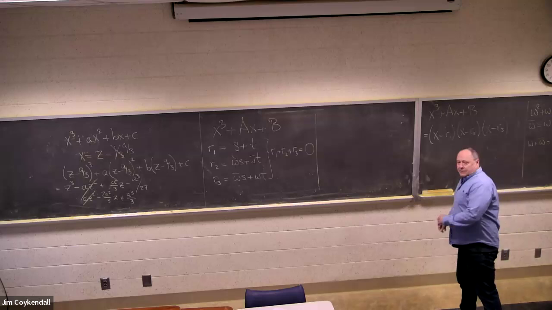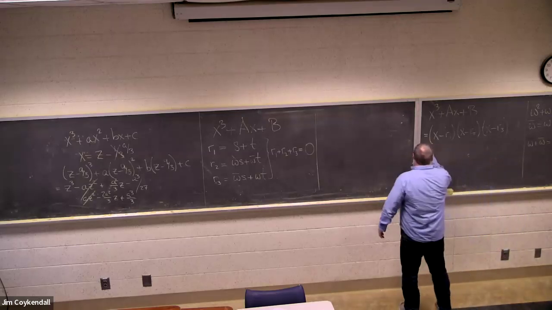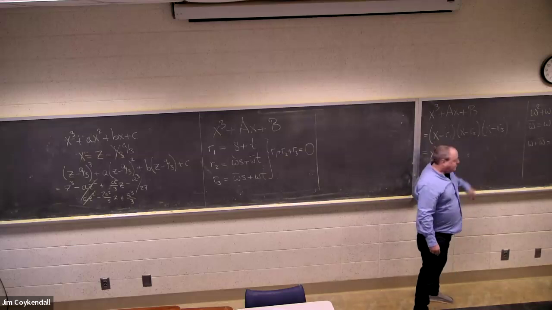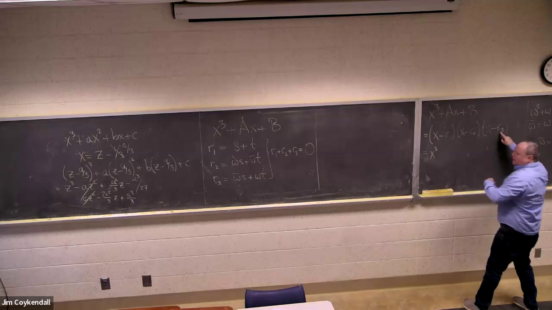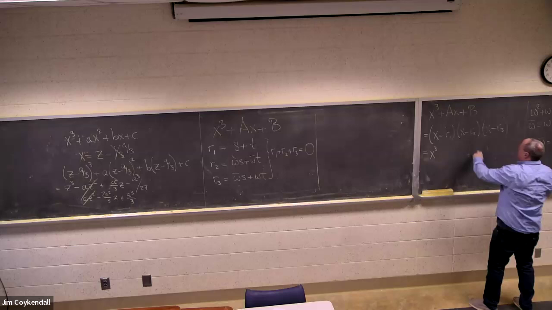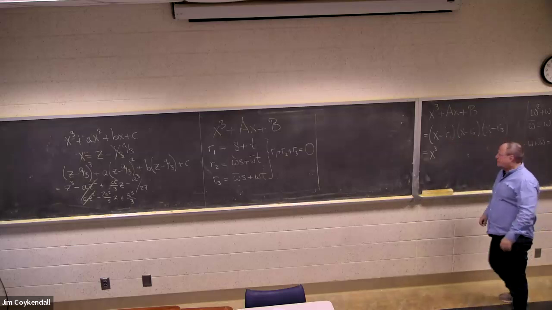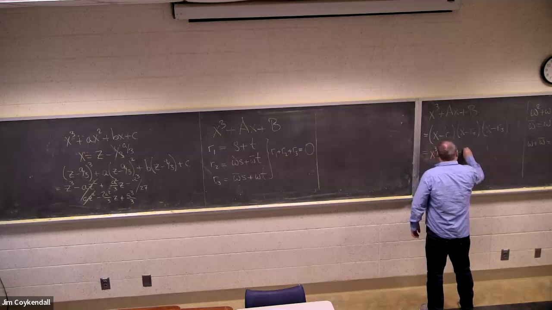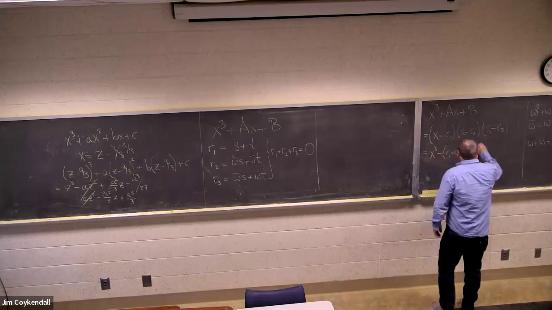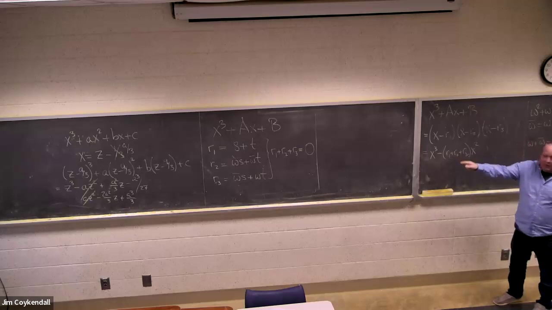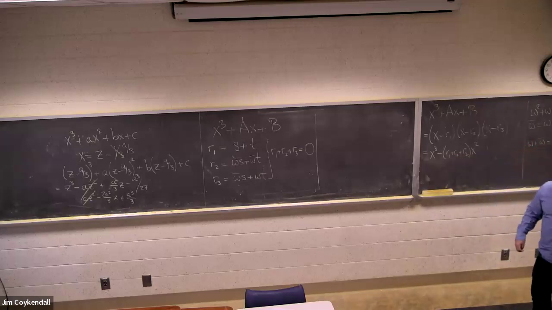Okay, if I multiply this out, hear me now and believe me later, I get x cubed. I get x squared times R3, x squared R2, x squared R1. That's a good sign. And that's the point: the 3 roots add up to 0.